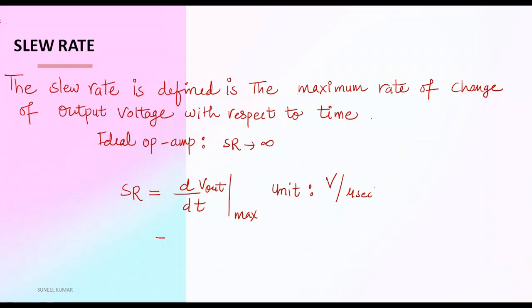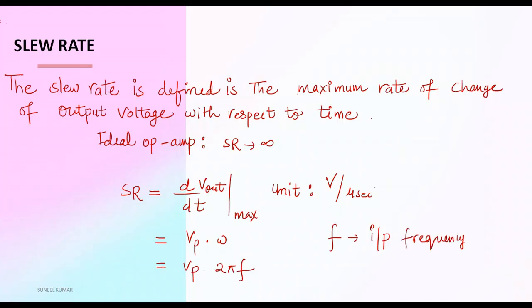This can also be written as the maximum output voltage, let's say Vp, into omega, that is Vp into 2 pi f. What is f? f is the input frequency.